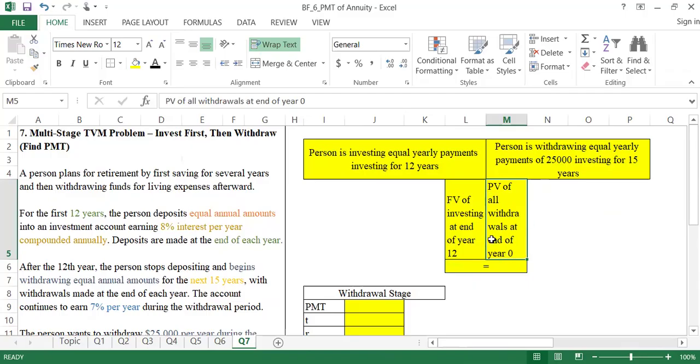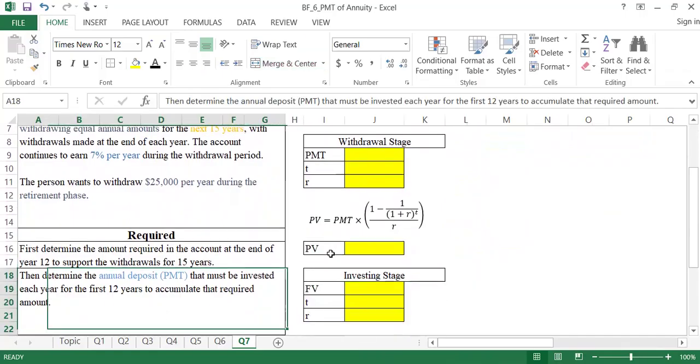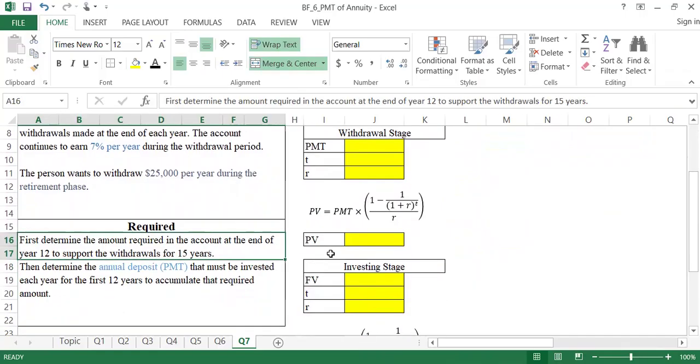And since the present value of all the withdrawals should be equal to the future value of all the investments, we can find out how much he invested. And that's the precise question. First, determine the amount required in the account at the end of 12 years to support the withdrawals, and then determine the annual deposit, PMT, that must be invested each year for the first 12 years.